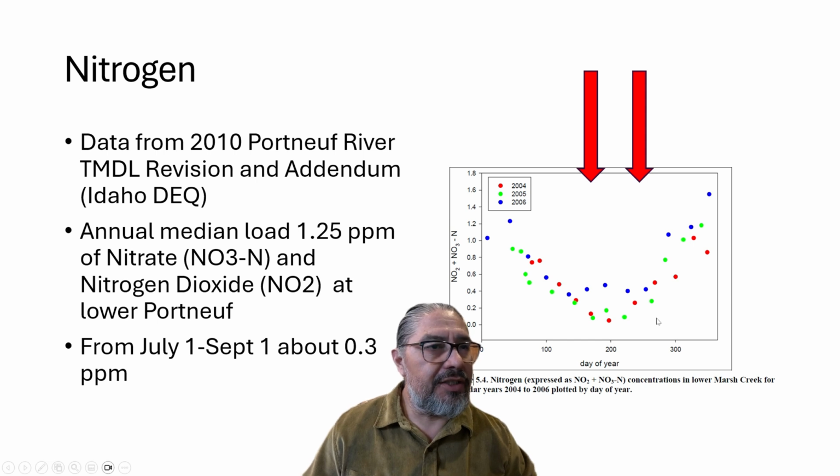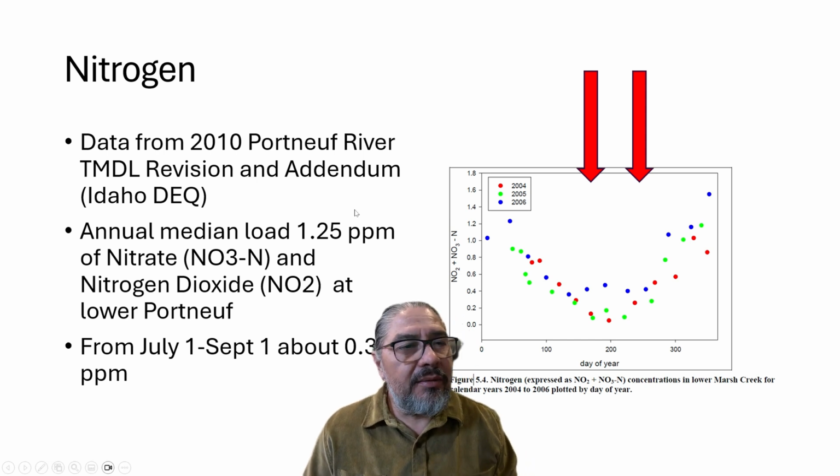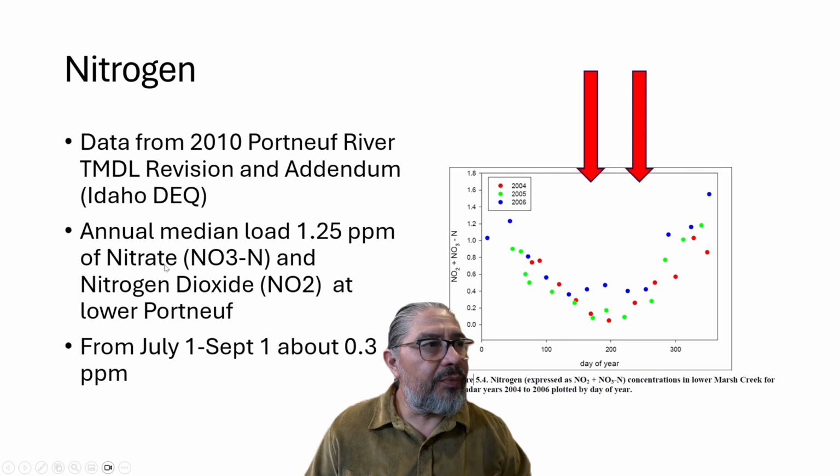As for nitrogen, unfortunately that DEQ report doesn't give nitrate separately. It keeps nitrate with nitrogen dioxide and reports them together. So these numbers are probably a little bit elevated because they include nitrogen dioxide, which comes mostly from automobile exhaust getting back into the stream system.